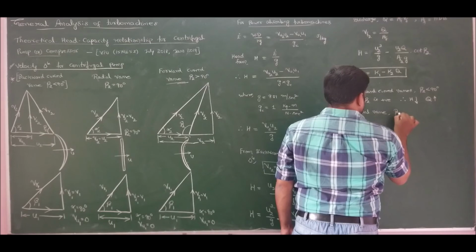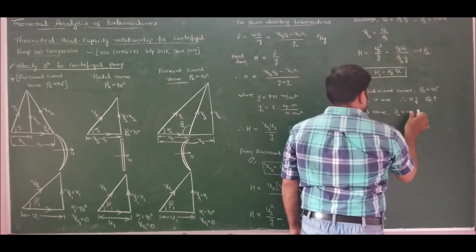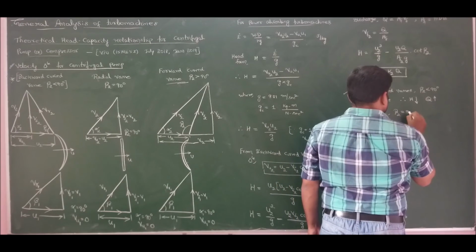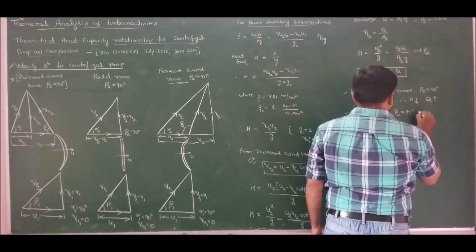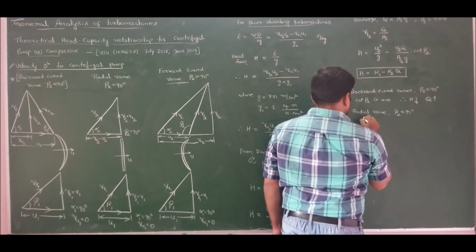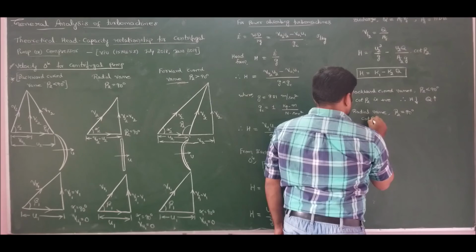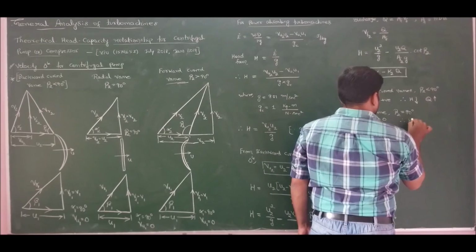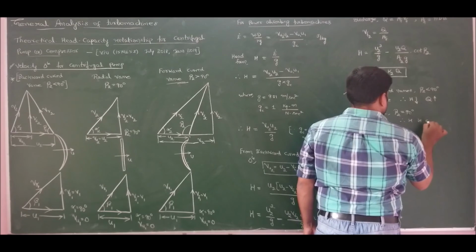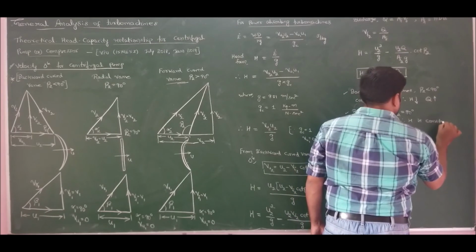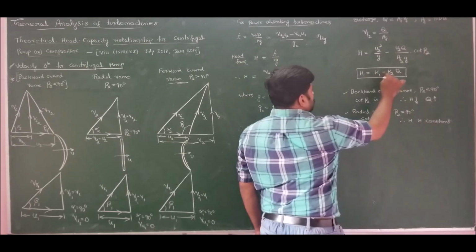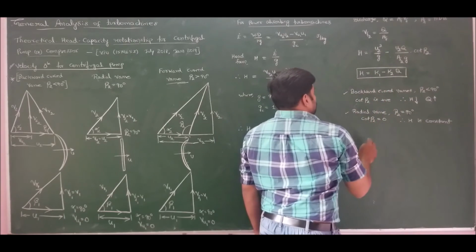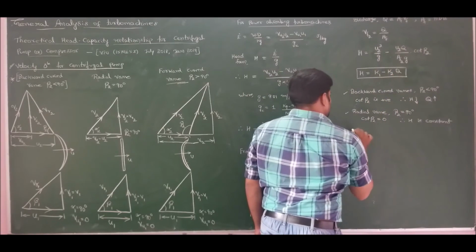Next, coming to radial vanes. For beta 2 equal to 90 degrees, cot beta 2 is 0. The K2 term becomes 0, therefore H is constant, H is equal to K1, where K1 is U2 square by g.